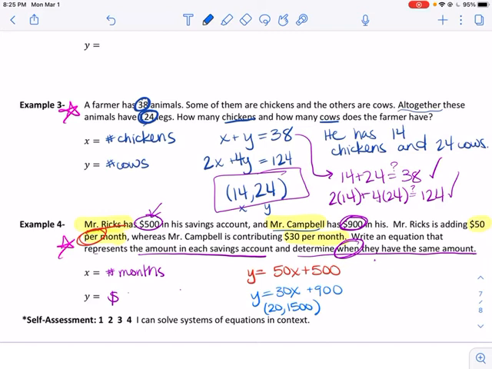All right, so now we answer the question. Well, this says write an equation that represents the amount. That doesn't make any sense. Let's just say that it asked, find when they have the same amount. Okay.